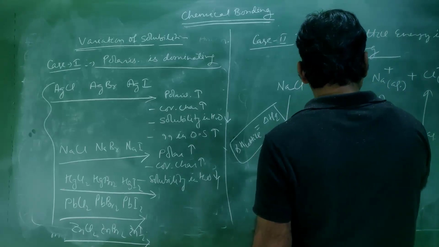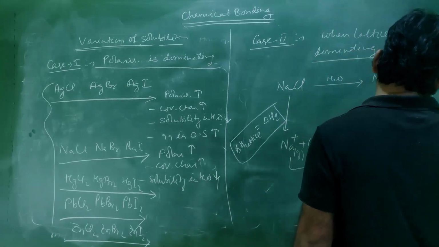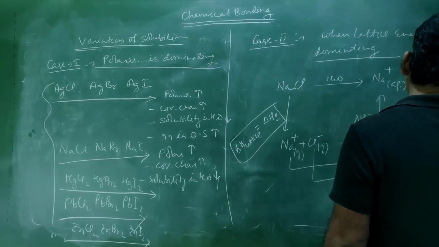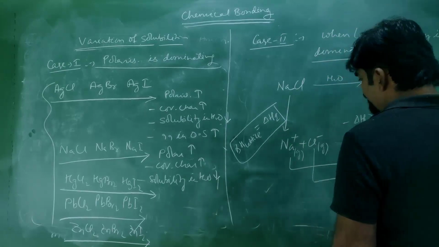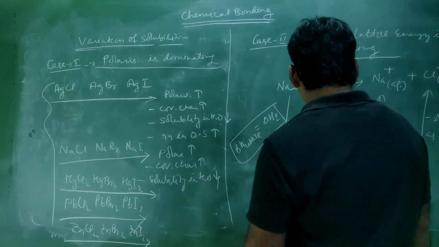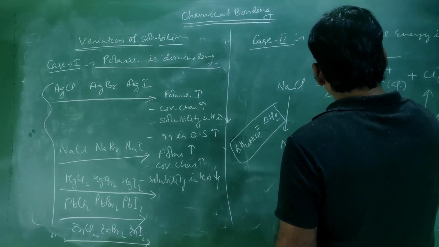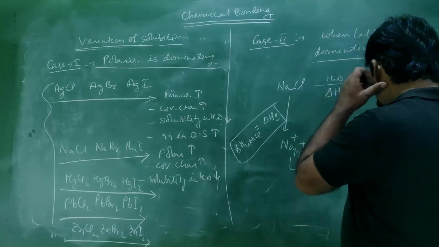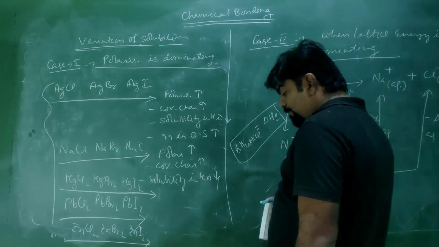So over here hydration enthalpy is the energy change. This hydration enthalpy will be negative, and the lattice enthalpy value is positive. When this is dissolved, that is the enthalpy of solution. This is the net process which is involved.